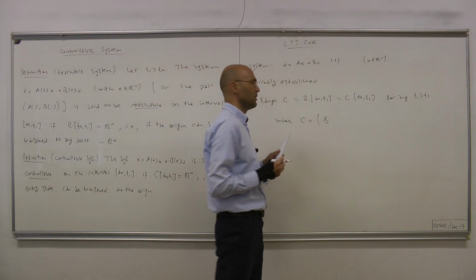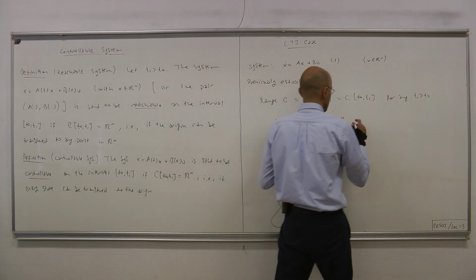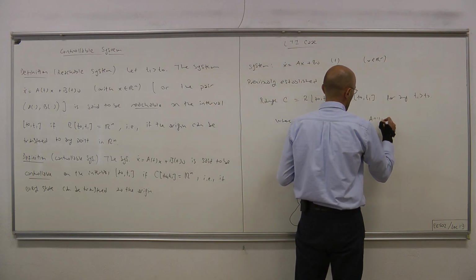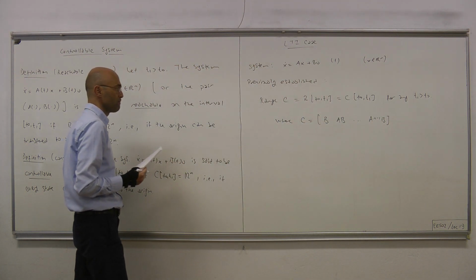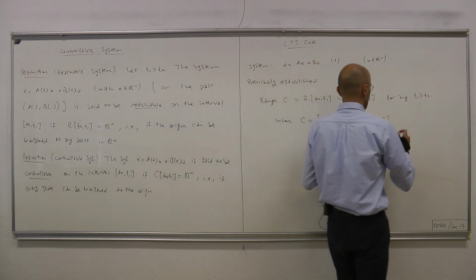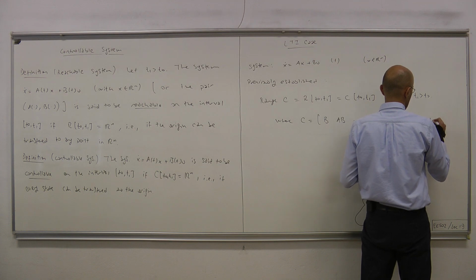The first k columns are the columns of B, the next k columns are the columns of the matrix AB, and so on, up to A to the n minus first power times B. This matrix we call the controllability matrix.